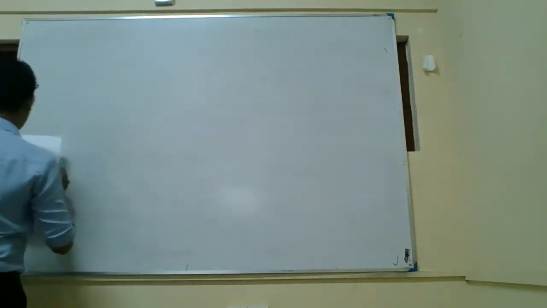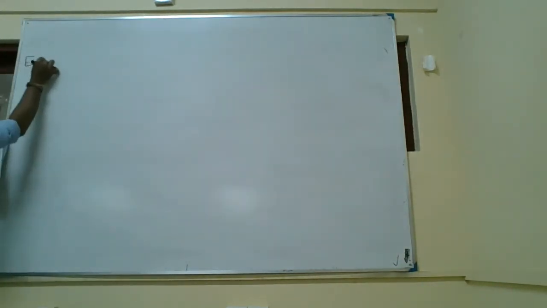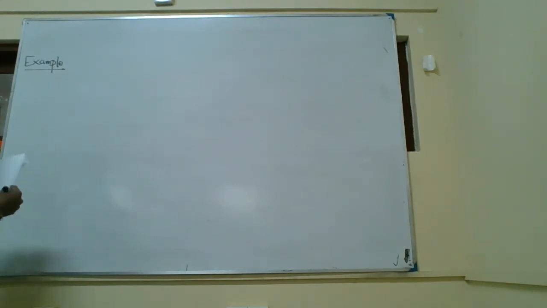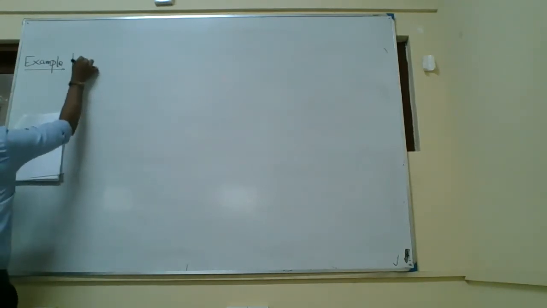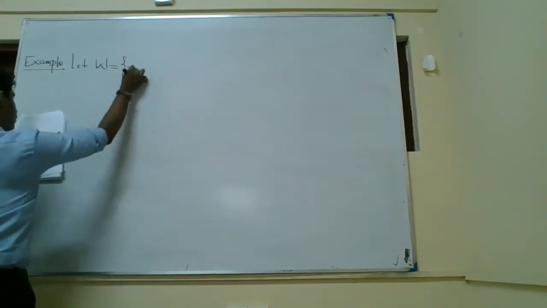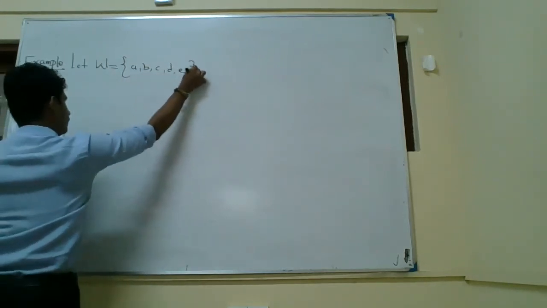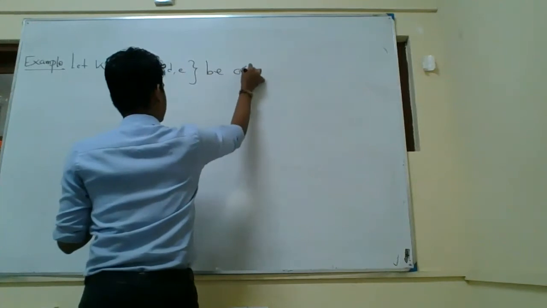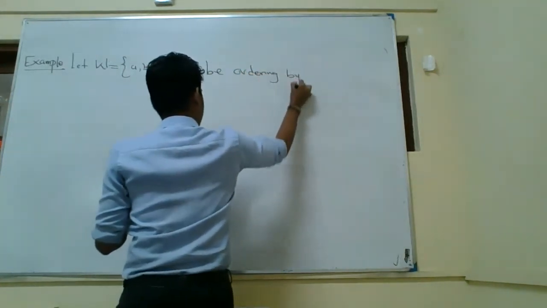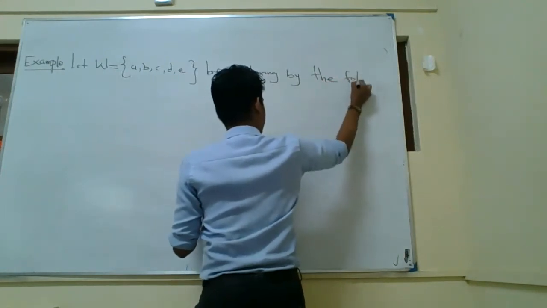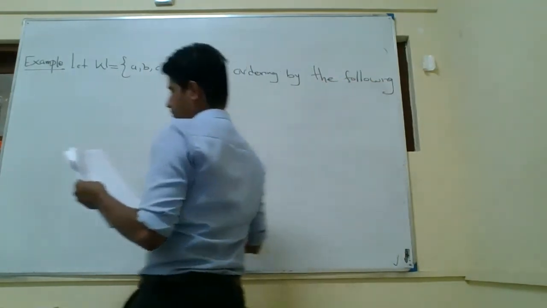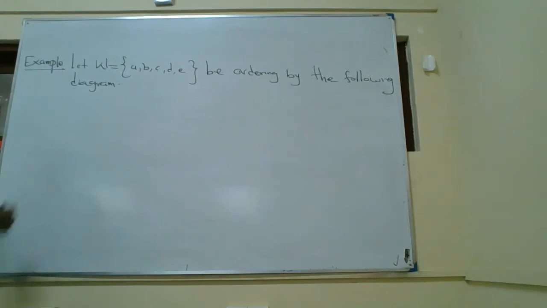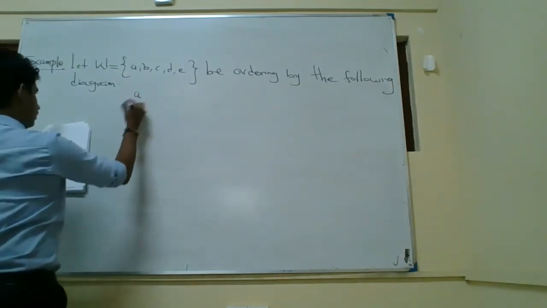Now, you can check this example. You can find the first element and last element for this example. Let W, one of the sets, consist of a, b, c, d, e. We order it by the following diagram. They already mentioned diagrams, right?